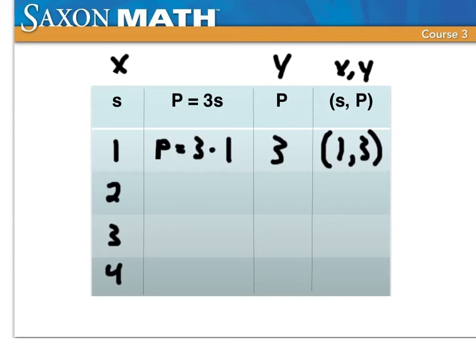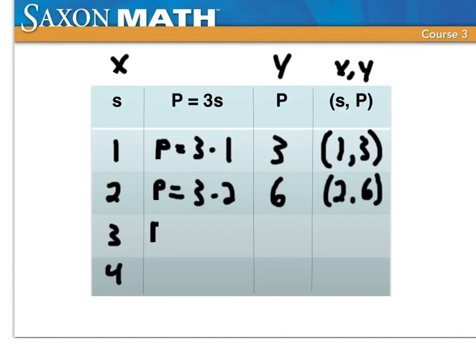Same thing here. On the second row, I'm going to plug in the number 2 for my S value. So the perimeter, when the side length is 2, is equal to 3 times 2. Well, 3 times 2 is 6. And then my ordered pair is my S value of 2 and my P value of 6. Next row, our perimeter is equal to 3 times 3, which is 9.